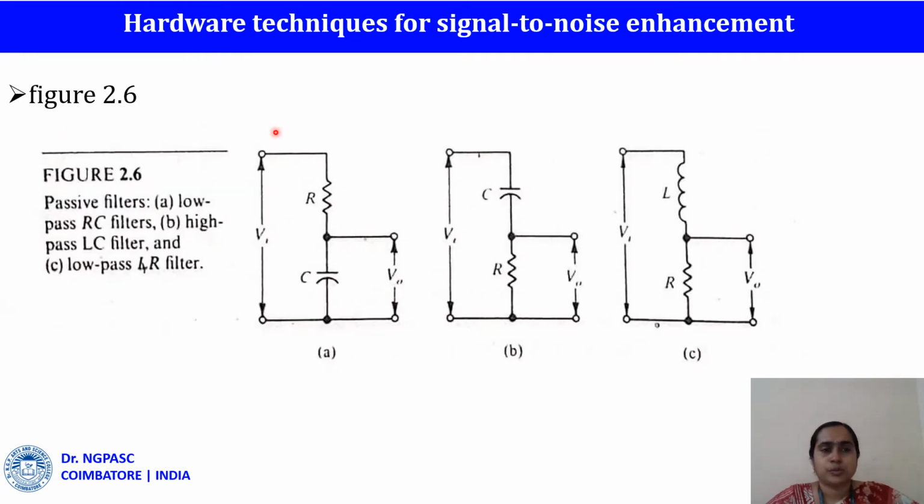In figure 2.6, you can see the different circuit designs of low pass filters and high pass filters, where you use resistors and capacitors for the working of the different kinds of filters.